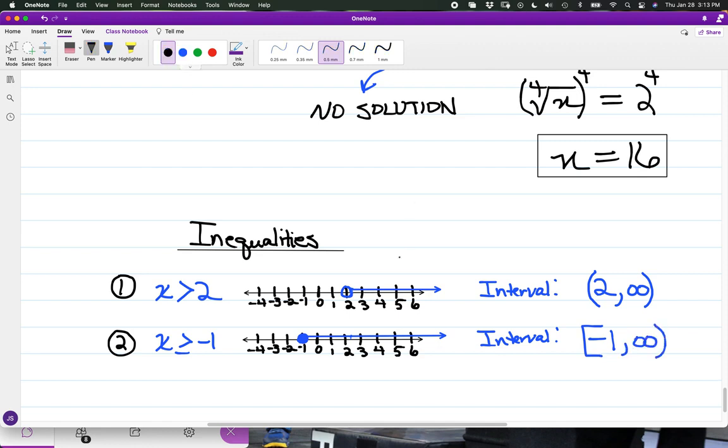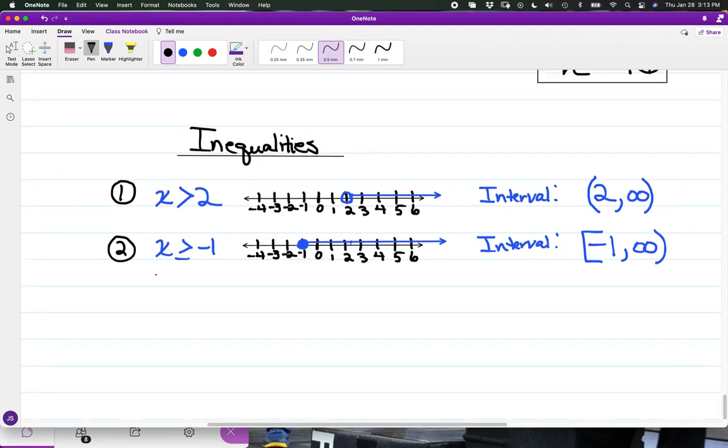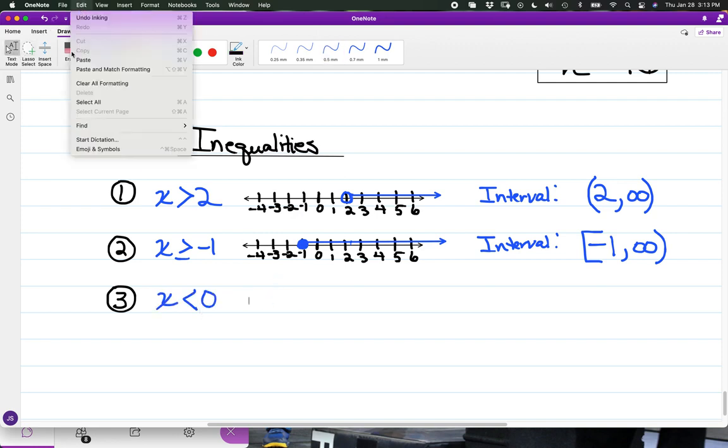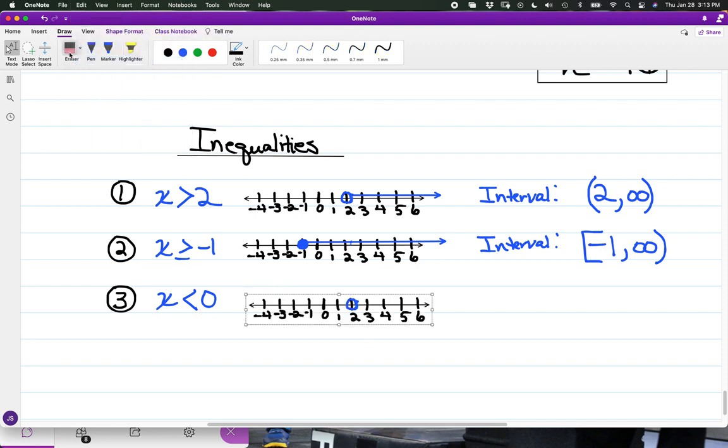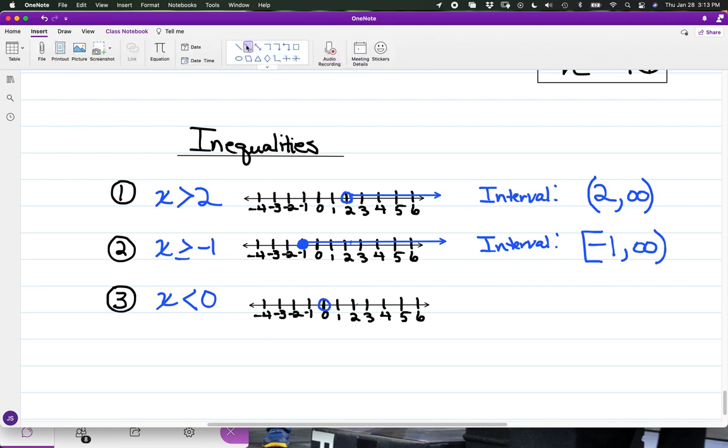Now let's say we have a change in terms of the direction, and x is less than 0. For x is less than 0, we're going to have an open circle on 0, and for less than, we're going to have a ray that goes out to the left.